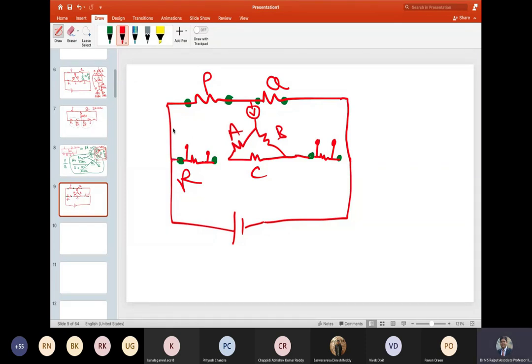So now, rather than this, you will connect it like this, and rather than this, you will connect it.